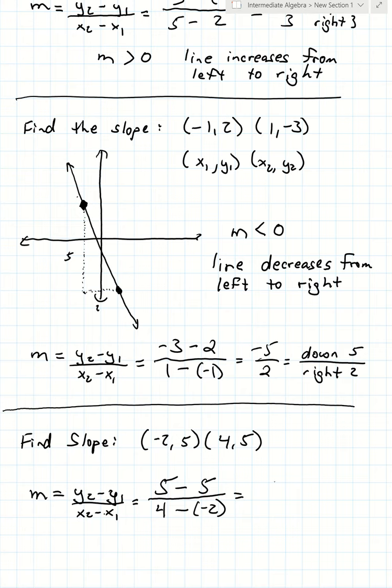When we simplify, we get 0 over 6. And 0 divided by 6 is 0. Okay? 0 divided by any number is 0.